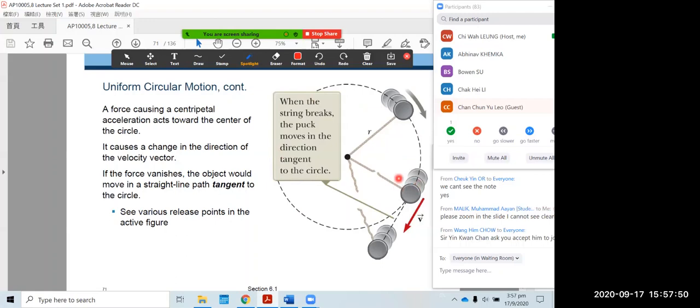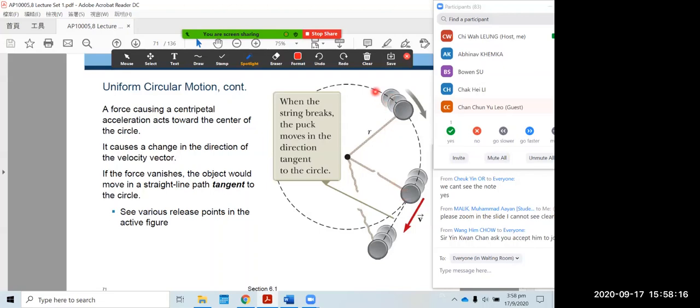But at the point when it breaks, the object, according to Newton's first law, would carry on its linear motion with constant velocity. So it moves along the tangent of the circular path at the point where it breaks free from the tension of the string.